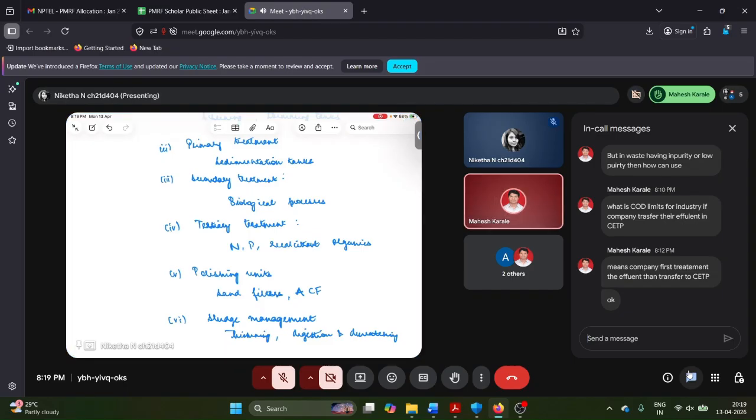One more question, ma'am. In this passive method, first is the water layer, then the organic matter layer. Is it aerobic or anaerobic?